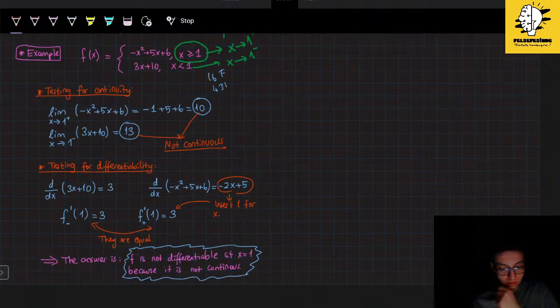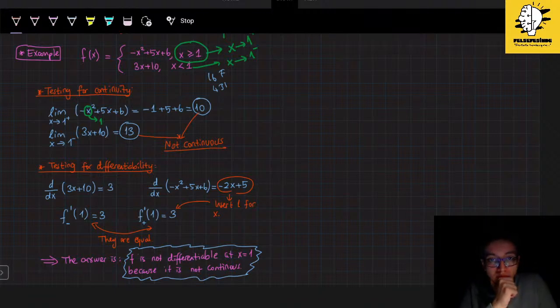This is important. Let's take the case when x is approaching 1 from the right. When we put 1 in place of x, you find that it is 10. And the second one is when x is approaching 1 from the left, then we know that it is 13.